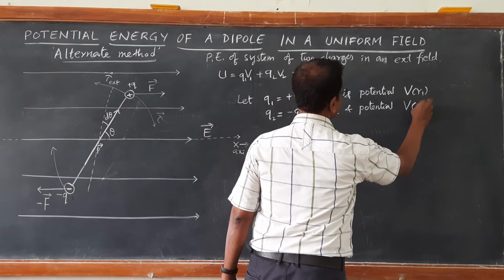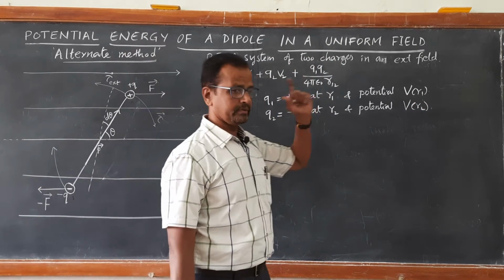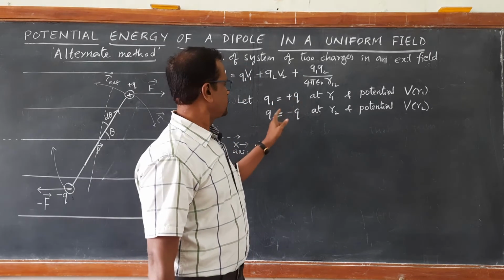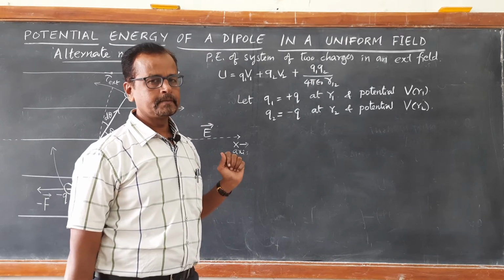And the potential at R2, let us write it as V2. So Q1 V1, Q2 V2, that would be a better option, right?